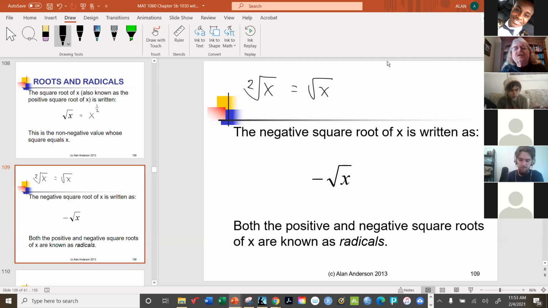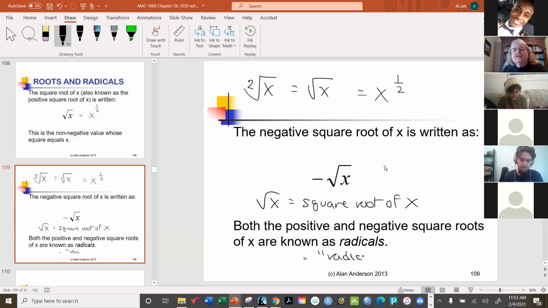The square root doesn't usually show the two, but it's implied, because this, again, is simply shorthand notation for x to the 1/2 power. And as far as English is concerned, you can think of this as the square root of x, but you can also think of it as radical x. Okay, radical means square root in this context.